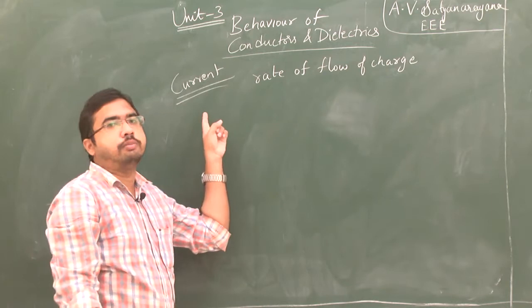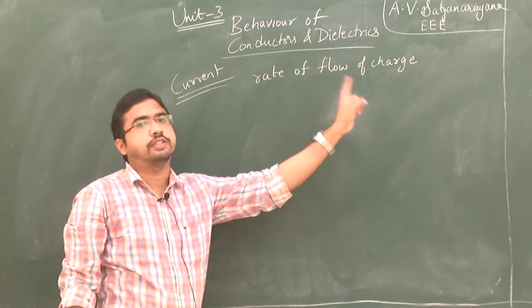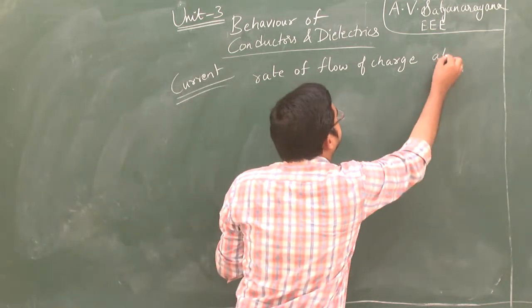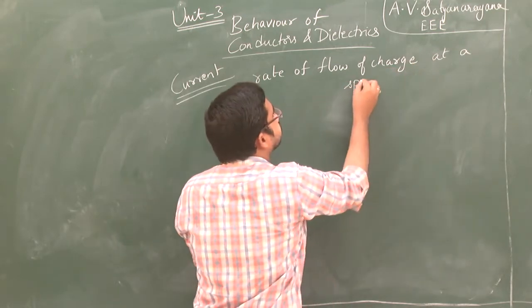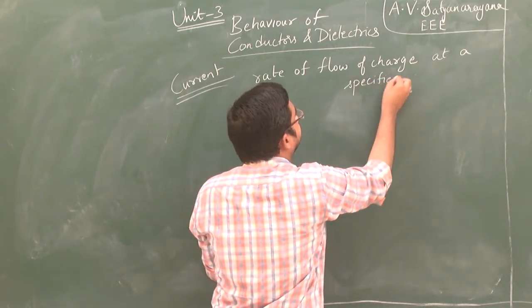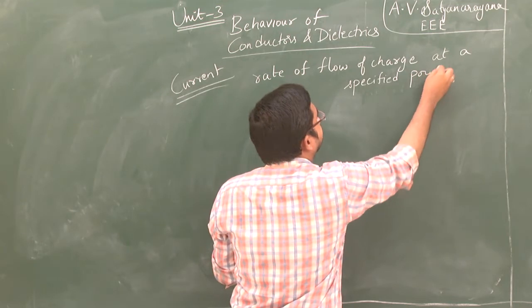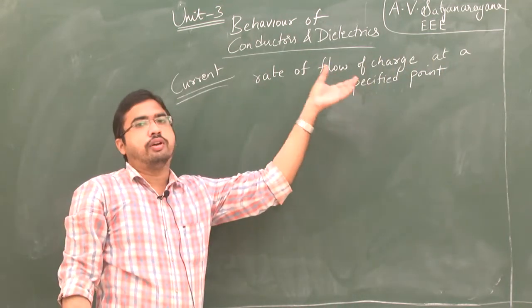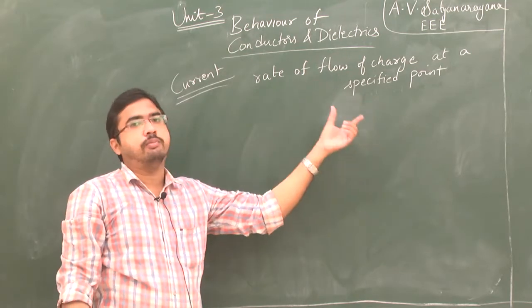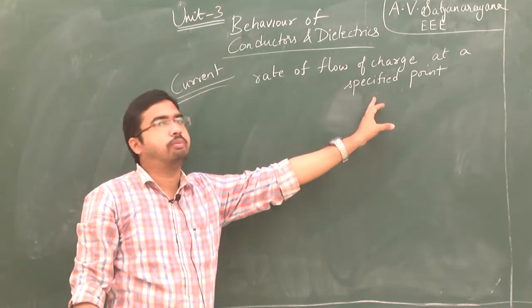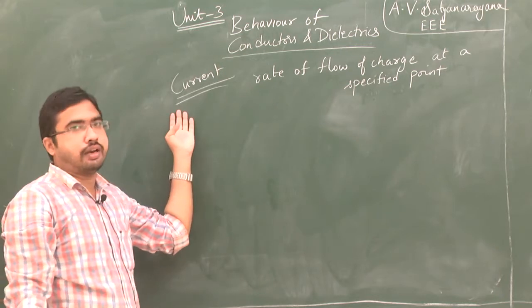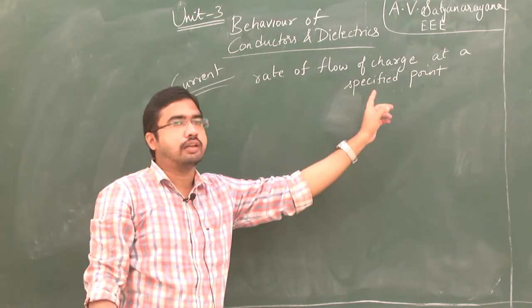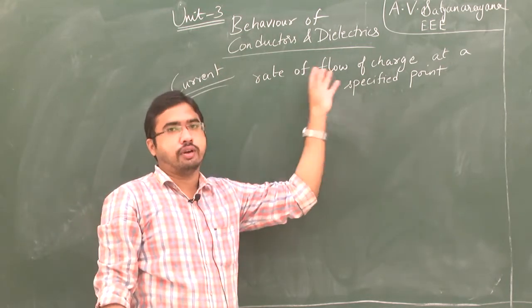Electric current is nothing but the rate of flow of charge at a specified point. From our childhood we have learned that the amount of charge flowing per unit time at a specified point is called electric current.